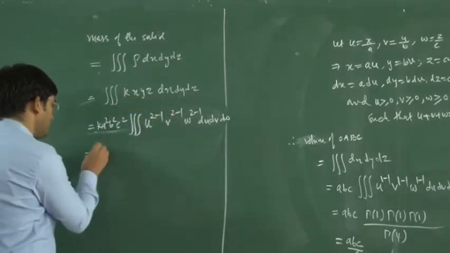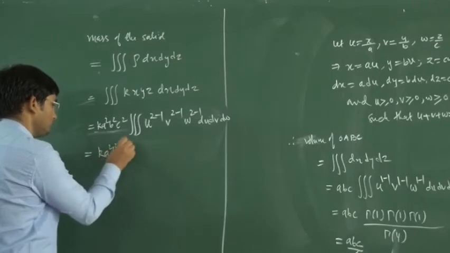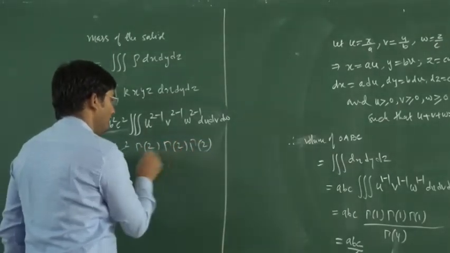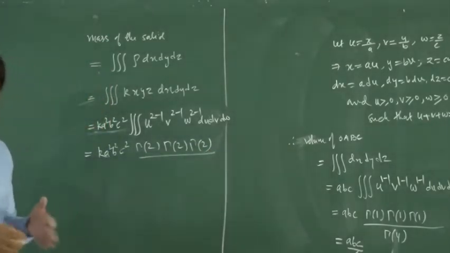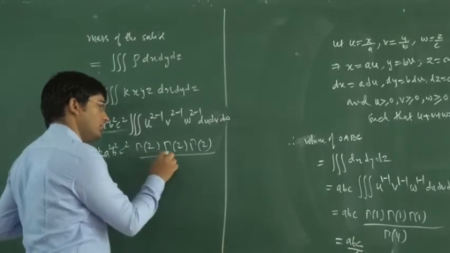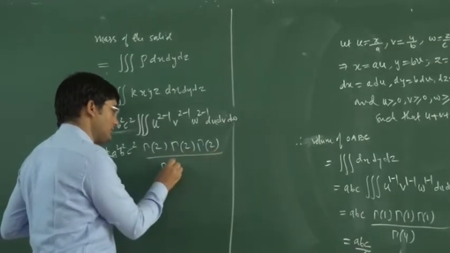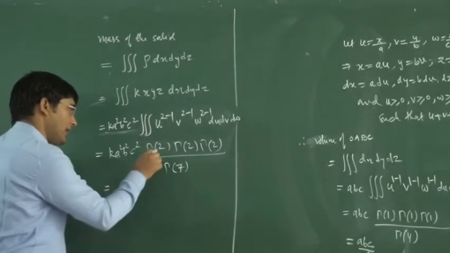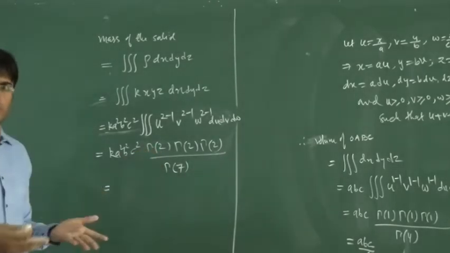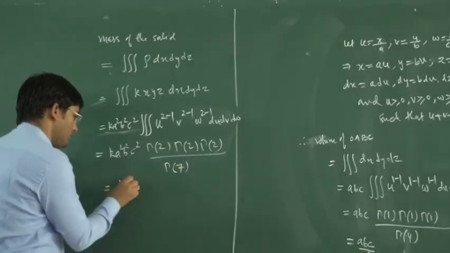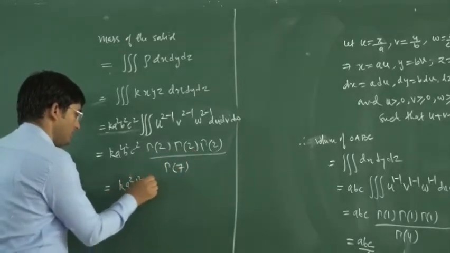So this is equal to gamma l, gamma m, gamma n upon gamma l plus m plus n plus 1. So that will be gamma 6 plus 1, that is gamma 7. And gamma 7 will be equal to factorial 6. And gamma 2 will be factorial 1. So we have 1 in the numerator, and in the denominator we will have this thing.